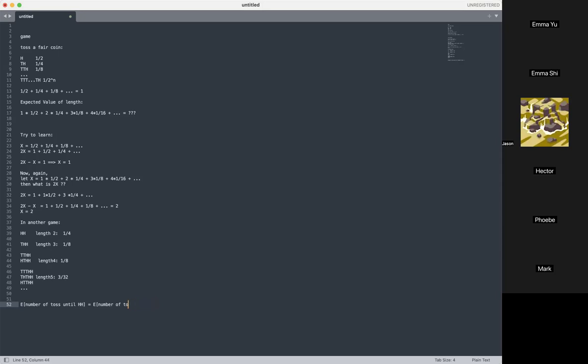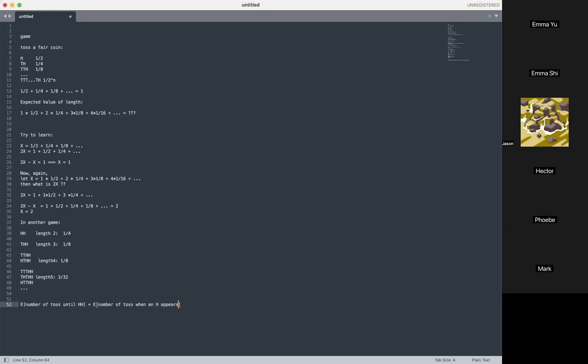So it can be written this way. First we get the length. Number of tosses, number of tosses when an H first appears, right? So the first H appears.